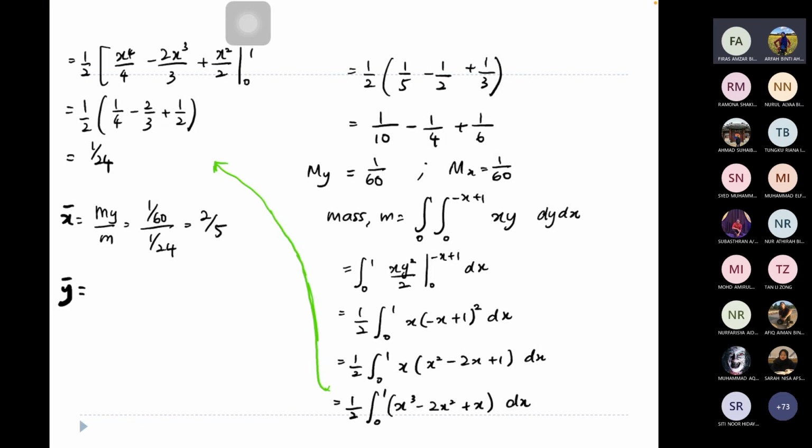Dan y bar akan sama dengan MX divided by M, 1/60 bahagi 1/24. Dapat jawapan 2/5. So the center akan sama dengan 2/5 dan juga 2/5. Okay. So kalau kita tengok balik dekat rajah tu, dia punya center tu dekat 2/5 dan juga 2/5. Dapat semua?